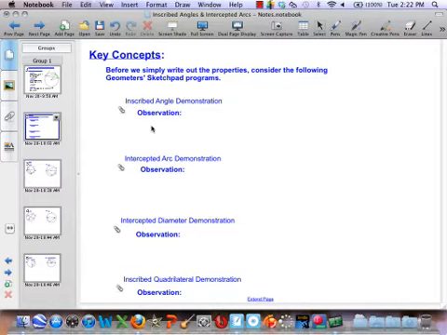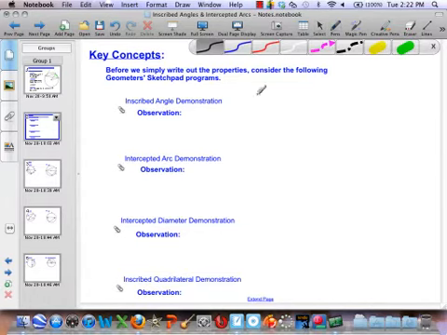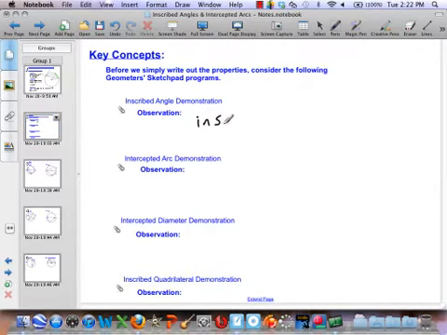Look at the notes you just took down. What's the relationship between the measure of the arc and its inscribed angle? It's half of it.